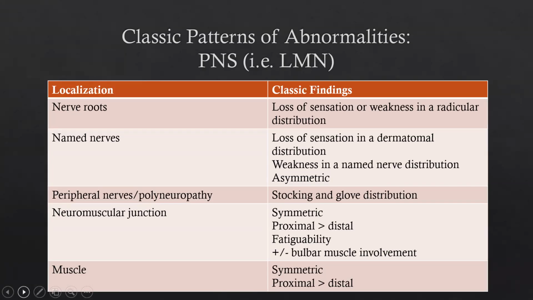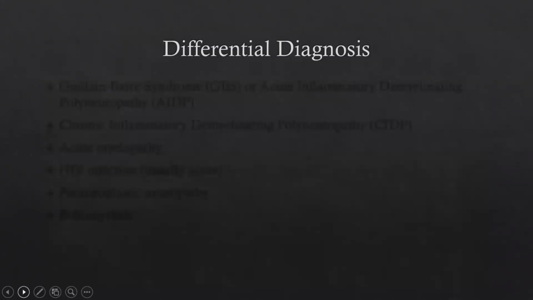In the upper limbs, you're talking about involvement of the arms, shoulders, whereas in the lower limbs, you are talking about involvement more of the thighs and the pelvis. And then you get fatigability depending on the neuromuscular junction problem you're dealing with. And then you can also get bulbar and ocular symptoms or involvement. And then with a muscle problem, of course, it tends to be symmetric, and similar to the neuromuscular junction problem, tends to be more proximal than distal.